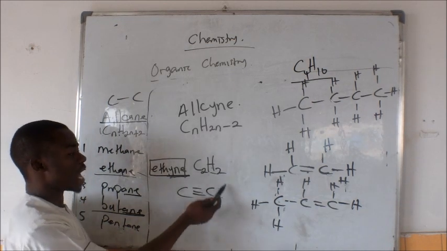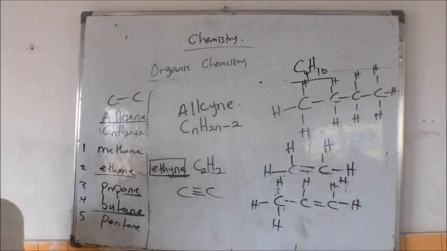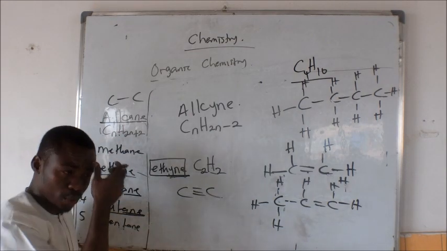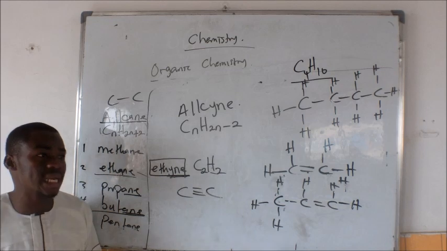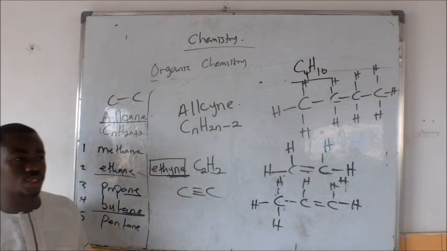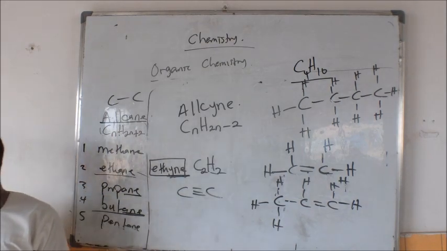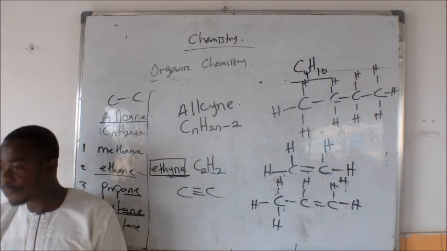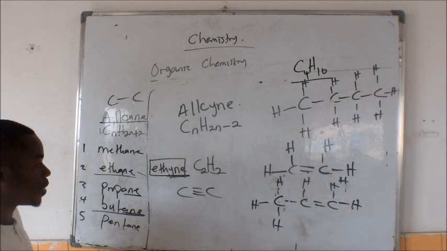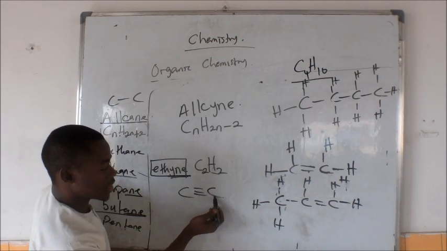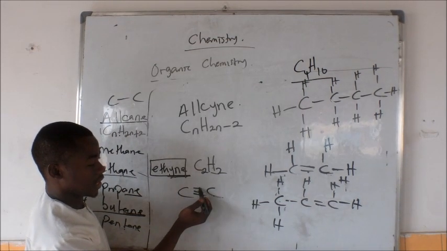Okay? Now, how many hydrogens do you have? 2. These 2 hydrogens will be distributed around these carbons. If you are distributing them, you distribute in such a way that the total number of bonds surrounding each carbon is not more than 4, or let me just say it must be 4. This carbon here, how many bonds does it have already? 3: 1, 2, 3.